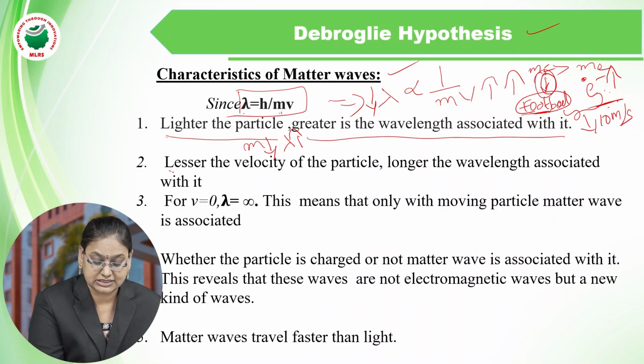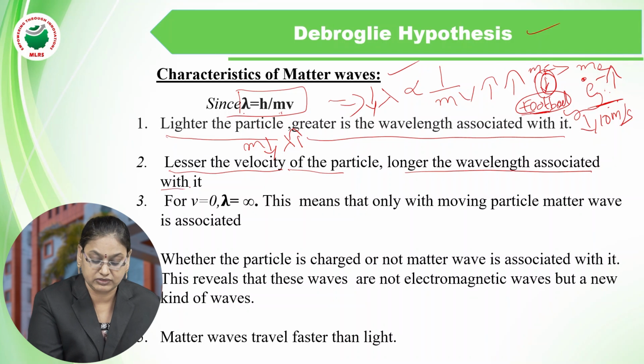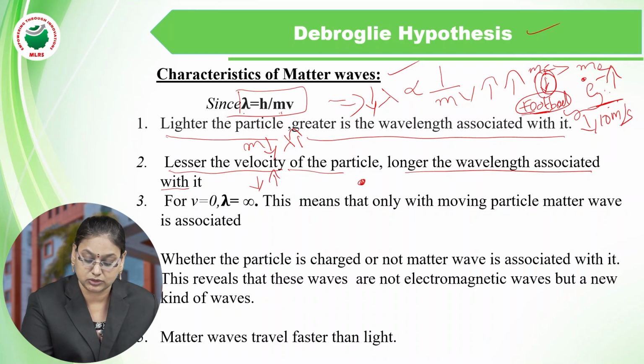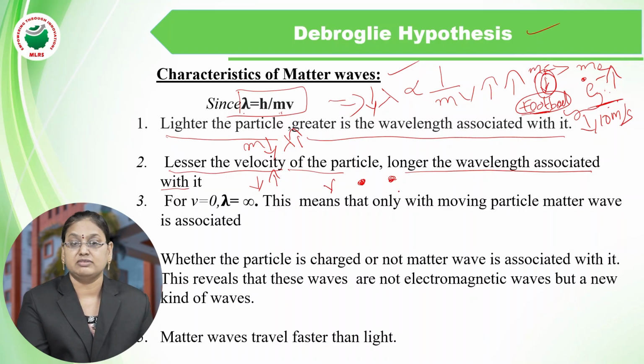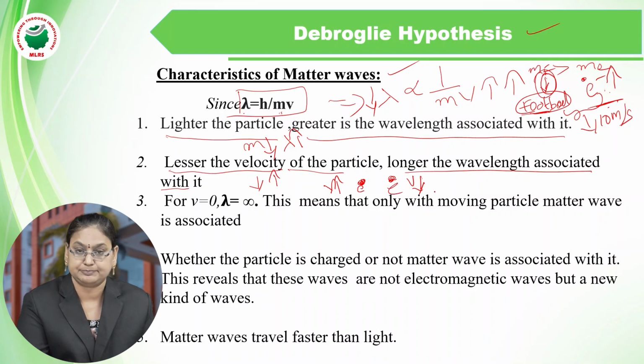Next characteristic is, lesser the velocity of the particle, longer the wavelength associated with it. That means if the velocity of the particle is less, then the wavelength associated with it will be more. For example, consider two electrons moving with different speeds. Their masses will be the same, but they are moving with different velocities. The first electron's velocity is more when compared to the second electron's velocity.